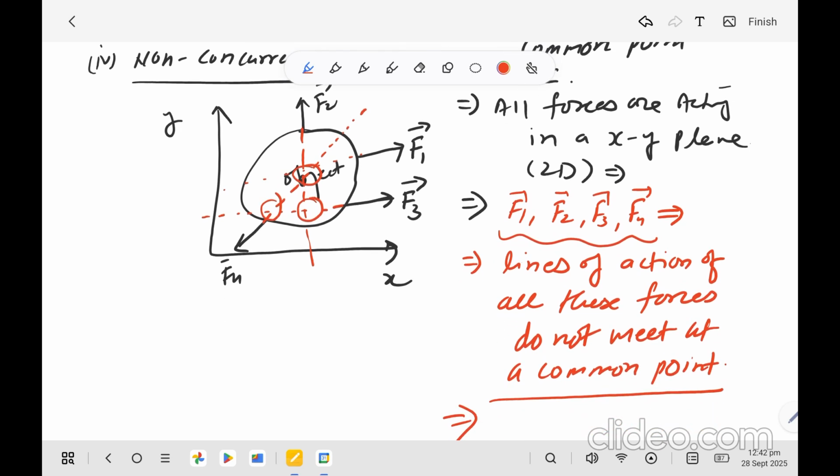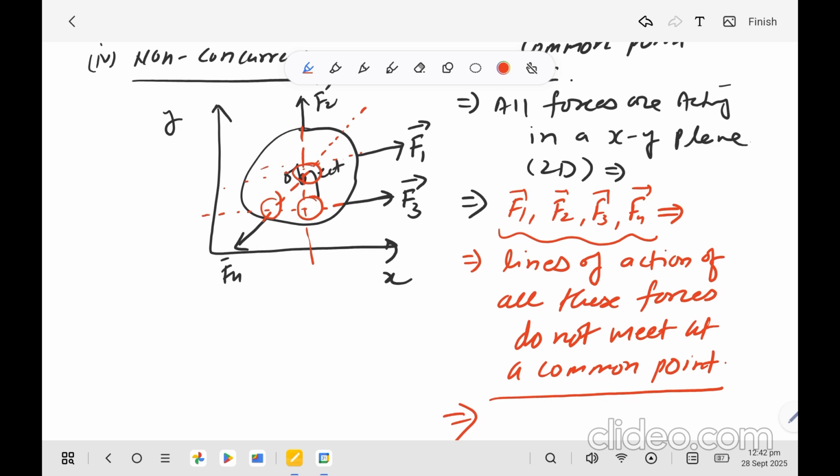So if the motion of an object is restricted in a given plane under the action of different kinds of forces, and if we draw the lines of action of the acting forces, and you notice that the intersection of the lines of action is not a common point but we have different points, then this type of group of forces we call a non-concurrent coplanar system of forces.